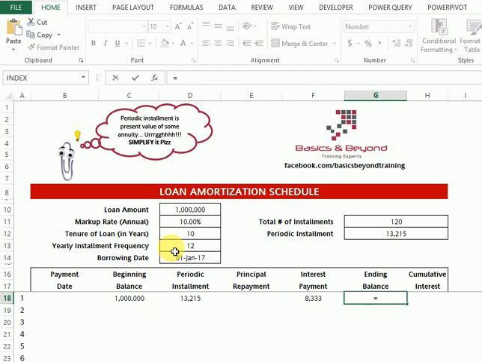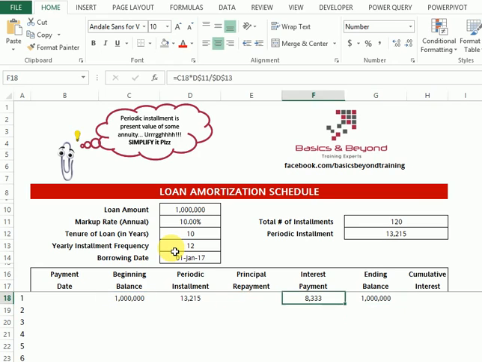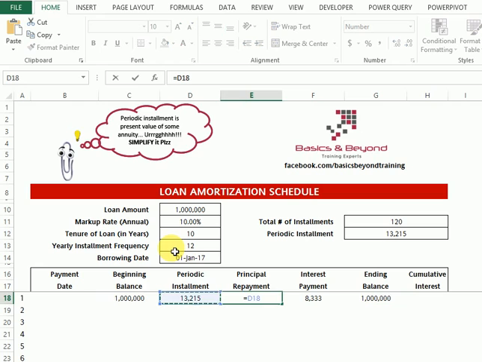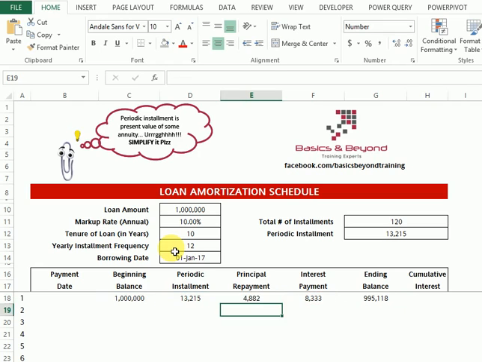The ending balance will be the beginning balance minus the principal repayment. The principal repayment will be the periodic installment minus the interest payment.